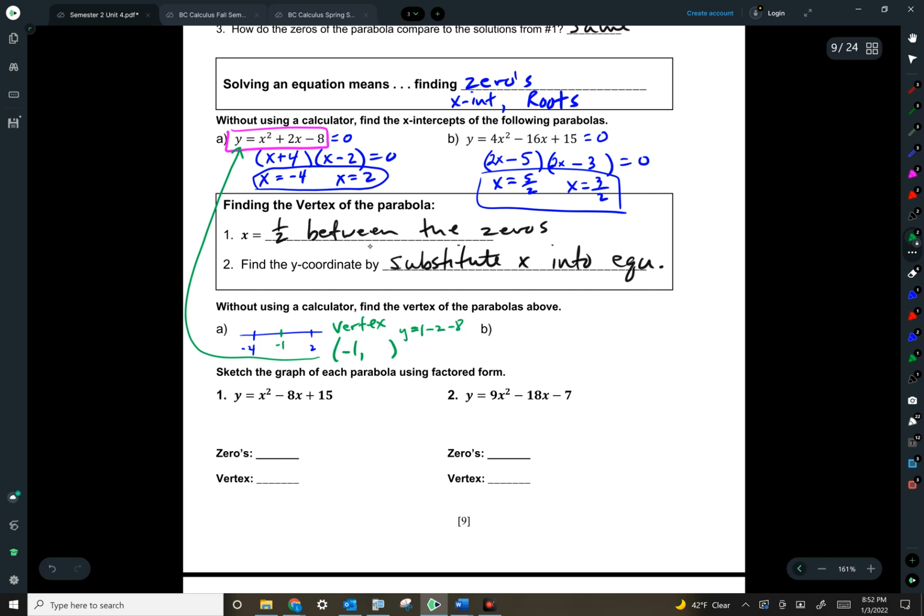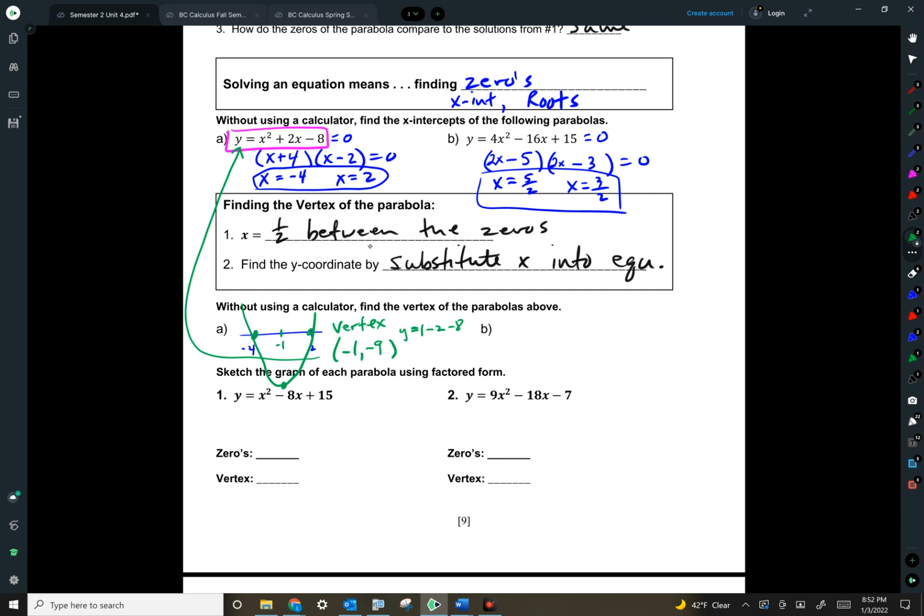So I just plugged negative 1 into the original equation everywhere I saw an x, and that comes out to be negative 9. That means the vertex is at negative 1, negative 9. So the vertex is way down here at negative 9. And since I know it crosses here and here, I know how to graph the parabola because I know the zeros and I also know the vertex.